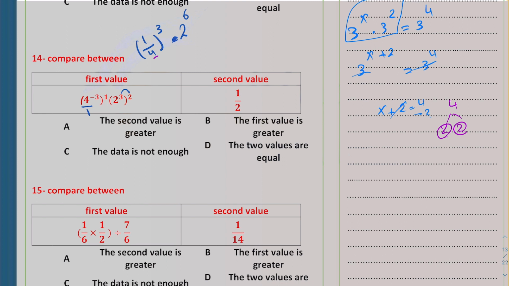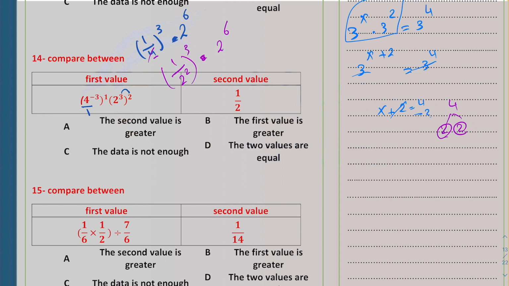So I can cancel 4 here and write 2 power 2. It will be 1 over 2 power 2, all power 3. And remember that I simplify it first because if I multiply it by the power, it will be a big number and simplifying will not be available or it takes a lot of time.